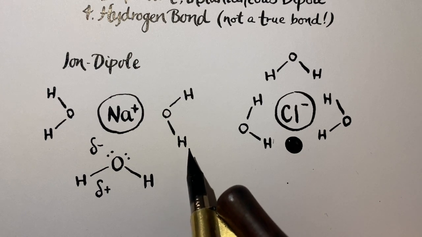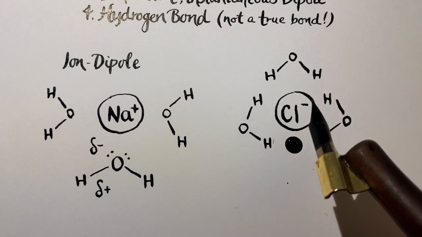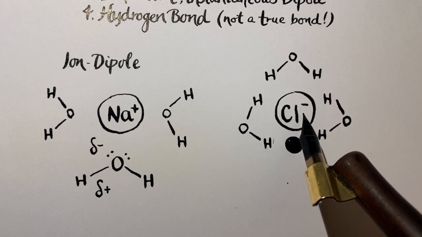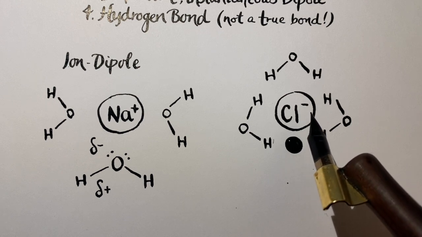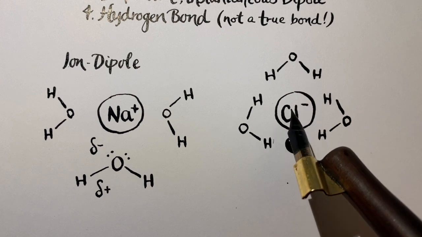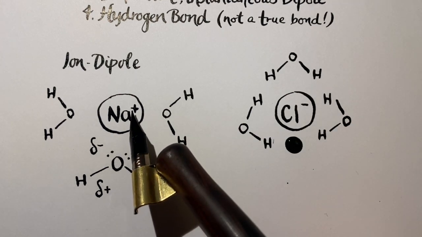These tend to be relatively strong because it is a full charge. When we're looking at an ion, that means that it is a permanent ion. It's always fully -1 or +1.